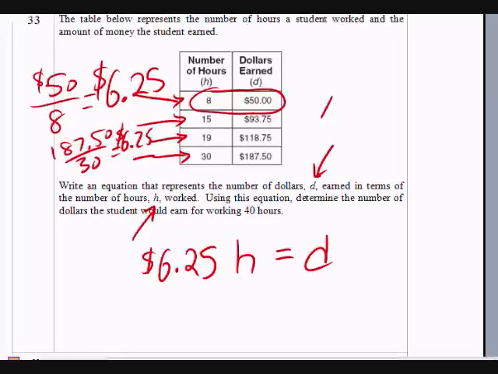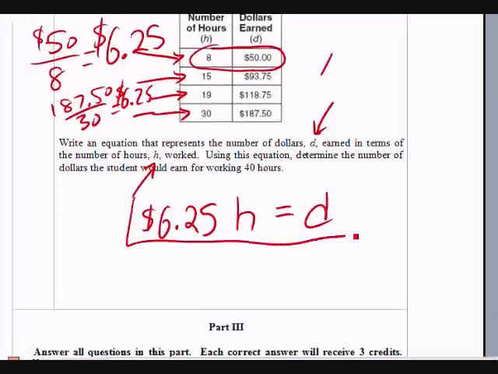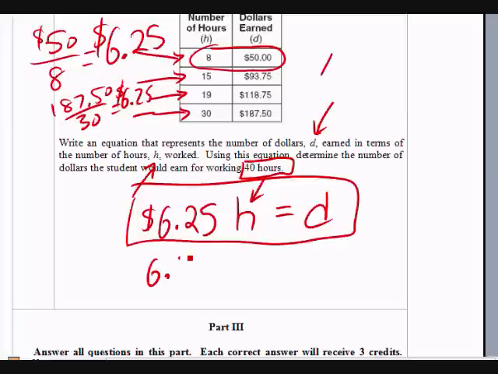And that is your equation: 6.25 times H equals D. The second part of the question is how much he or she will get paid if he or she works 40 hours. We'll just replace the H with a 40. 6.25 times 40 equals how much? If we do the math, I think it comes out to be 250.